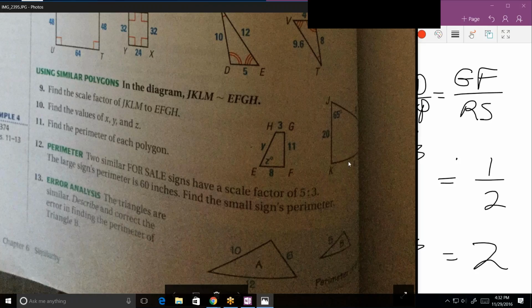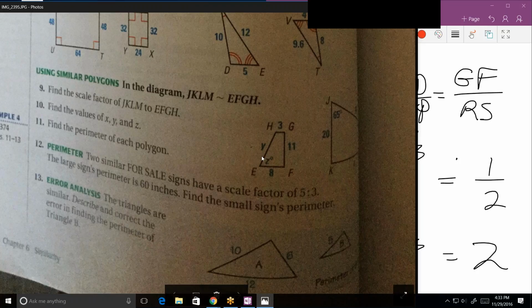And since we know that FG is 11 and that corresponds, we can use the scale factor since we know that the 11 is the 2, so just divide 11 by 2 and get 5.5, and then do 5 times 5.5. Okay. Getting you 27.5. Correct. Okay, so that's x.